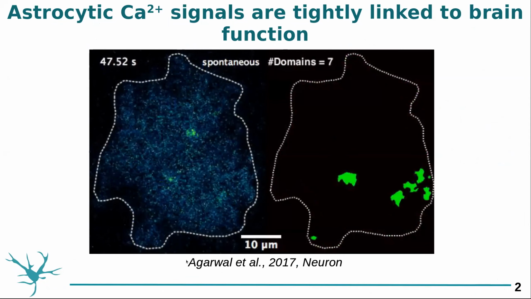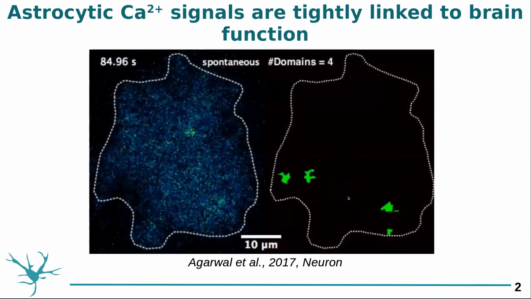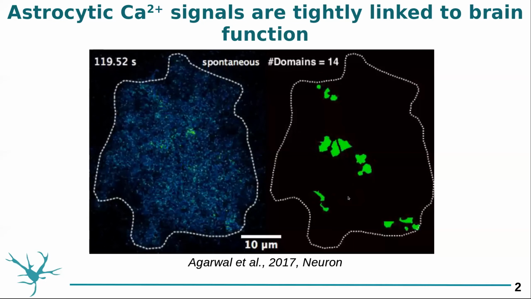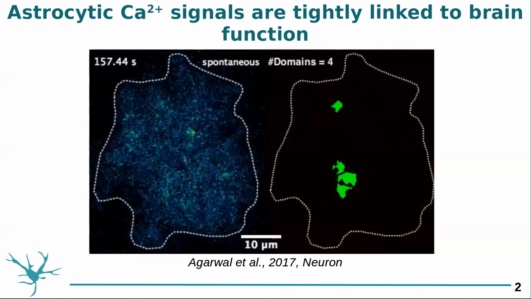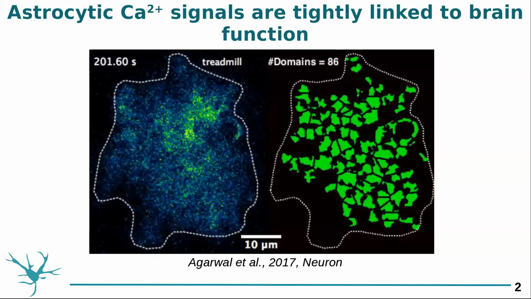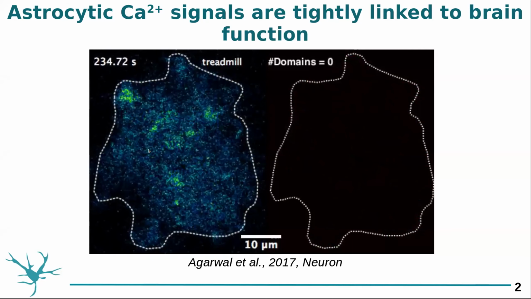And this video shows calcium activity recorded in vivo, and on the right side you can see the detected events. And you will see soon that the mouse will start running, and when the mouse starts running, there's a huge increase in calcium activity, as you can see here, which shows that this calcium activity in astrocytes seems to be linked with higher brain functions.